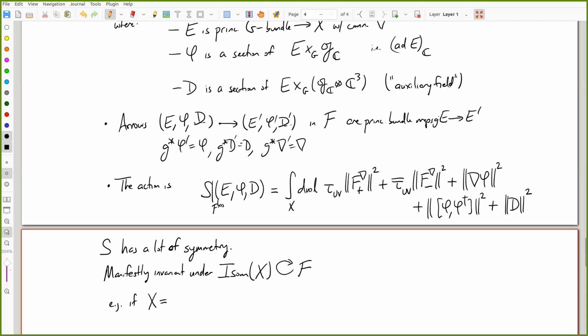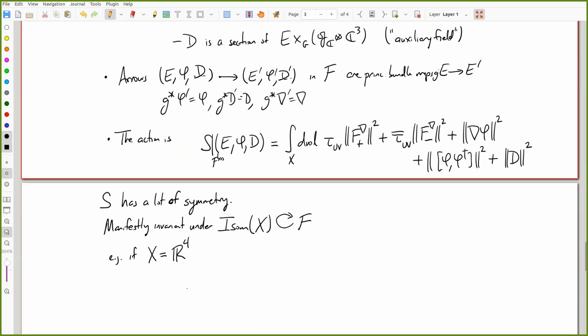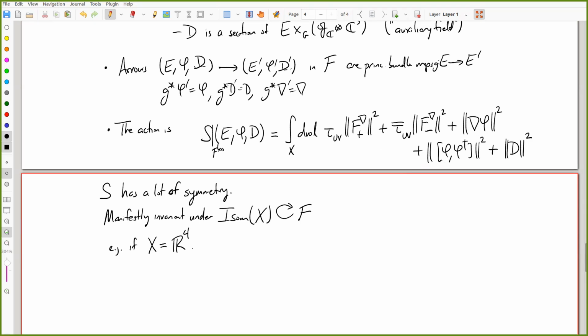In particular, if X was just R4, let's think for a little while about the simplest thing, which is the dynamics of the theory in R4. Then S is invariant under the spin isometries of R4. I'll write twiddle here to say I lift it to the spin group. So the spin isometries of R4, which I might write as spin 4 extended by the translations.